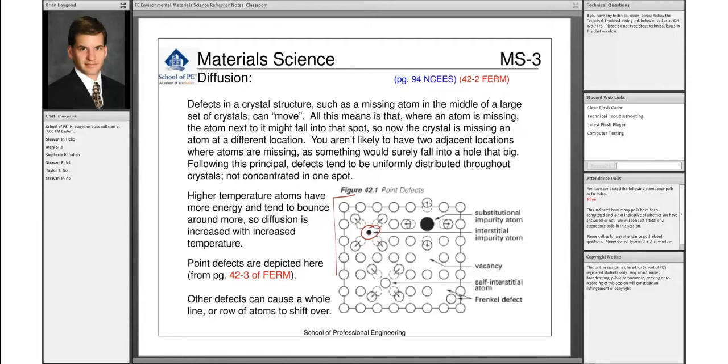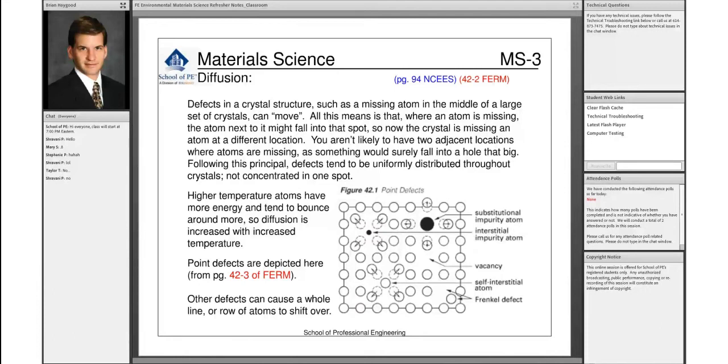This could be a single atom of some relatively small substance that sneaks in and fits in the vacant space between this nice even crystal arrangement of what we're going to say are iron atoms. If it squeezes into that space, it can push the others out of its way a little bit, and we'll call that an interstitial impurity. Interstitial just means in the unoccupied space in between things.